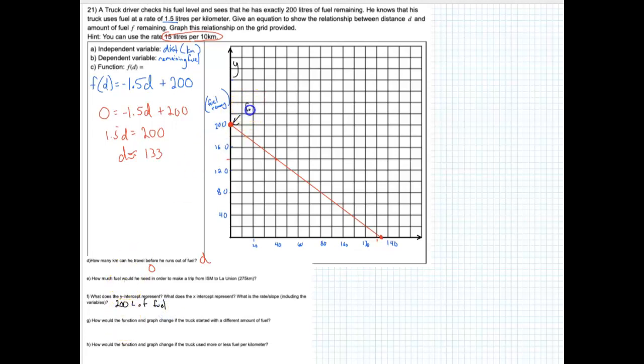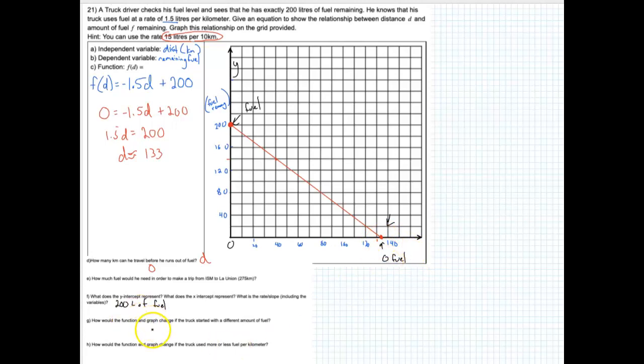So this is the fuel in the tank. That's our y-intercept at the start point at 0 kilometers. The x-intercept, well, what do we notice here? That's basically how far we can go before we run out of fuel. So this is where we have 0 fuel. And we can see here it's 133 kilometers.